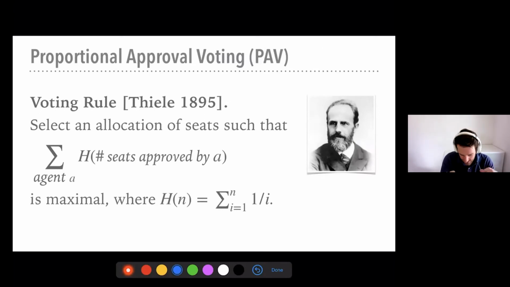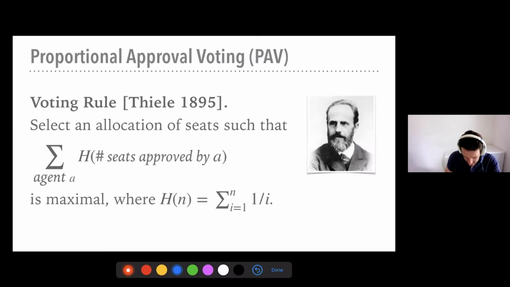And what is this objective function? This objective function is the sum over all the agents. And what this function looks at is the number of seats that are approved by the agent. So we look at each agent, we look at how many seats this agent approves, like how many seats are given to a party that is approved by that agent. And then we give a score depending on that number. Right? And the score is actually this funny harmonic sum here.